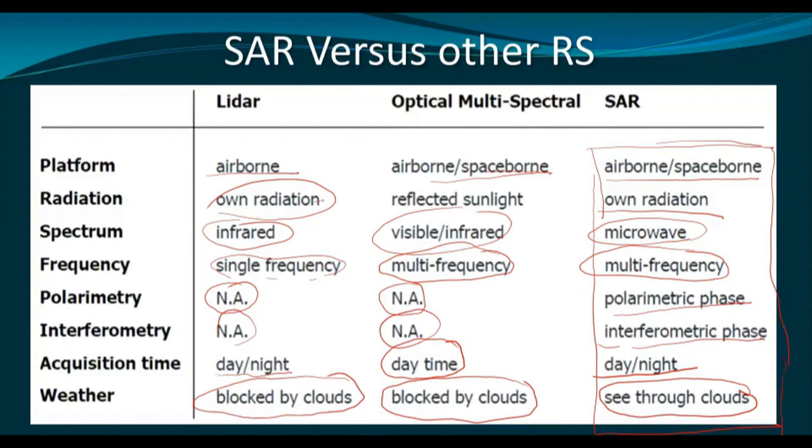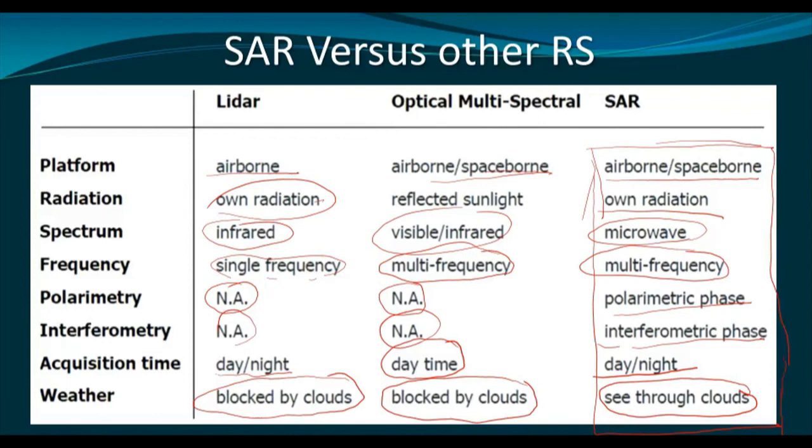Therefore, the SAR is becoming more popular in some areas, especially the areas in which getting a clear sky is extremely difficult. For example, tropical areas or the areas where we have the rainy season. I mean, the presence of cloud is a common phenomenon in some specific seasons. But in case of SAR, we do not have all these problems.